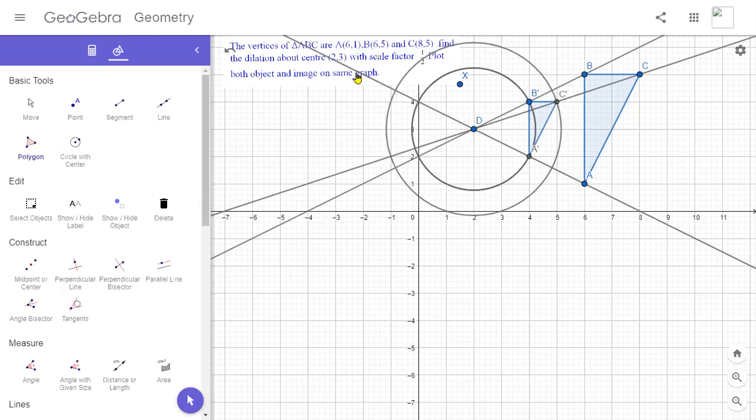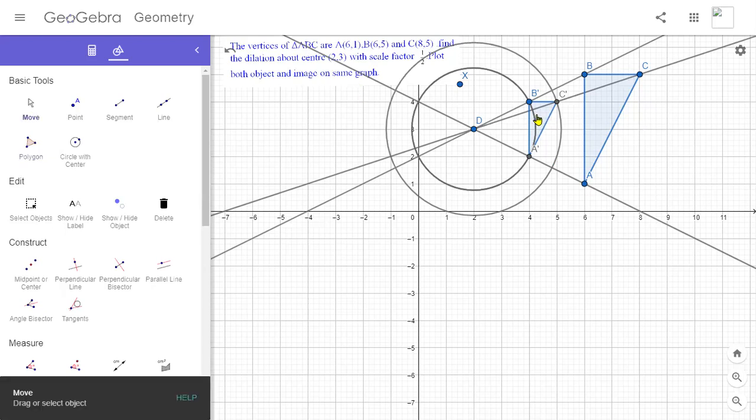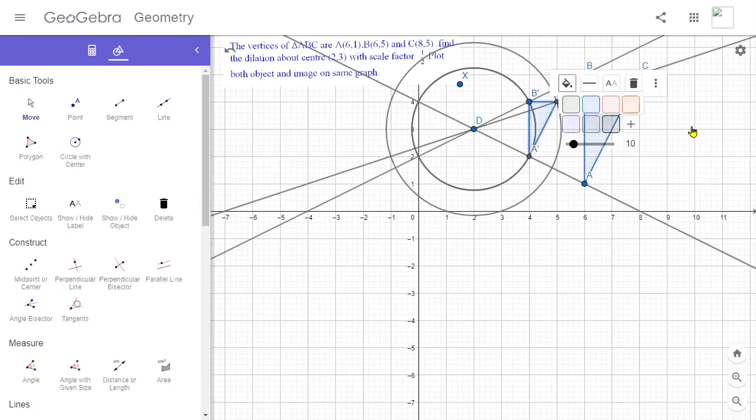Let me use the next color, red color, to represent the image. This red triangle A prime, B prime, C prime is just the image, and this blue triangle ABC is just the object, the pre-image. This is image and this is pre-image.